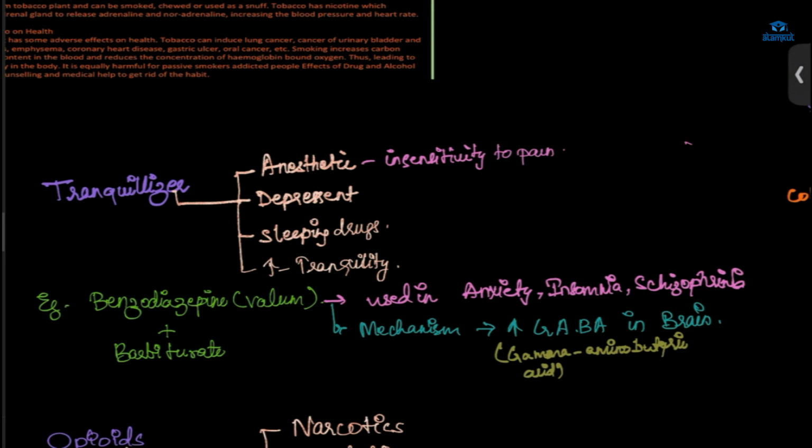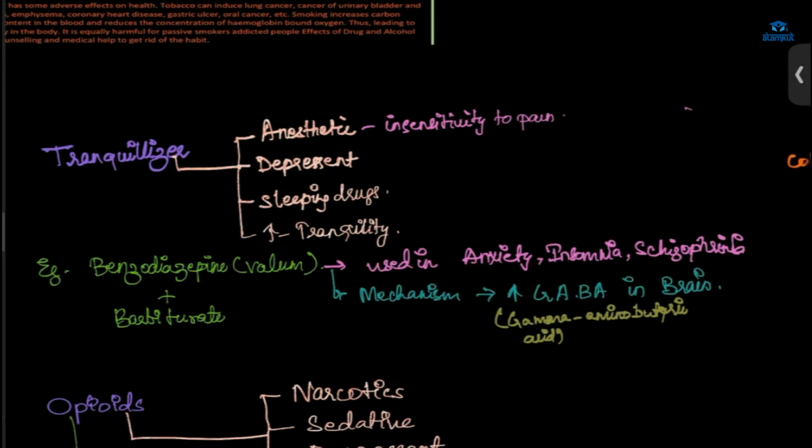That's why it is called tranquilizer. Examples: benzodiazepine, also called Valium, and barbiturate. These drugs are used in case of anxiety, insomnia, if we are not able to sleep.